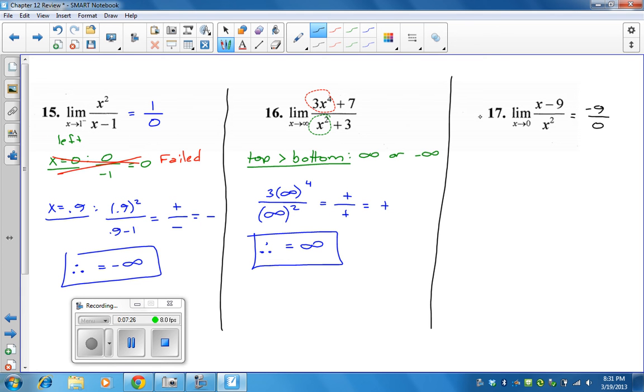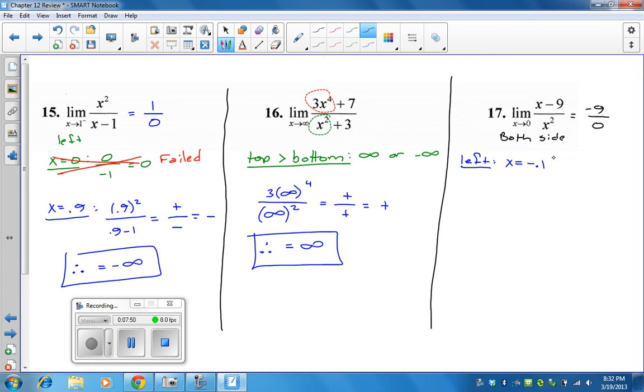The difference is here I didn't specify one side or the other. I simply said 0. This means we have to look at both sides and see if both sides agree with each other. So let's start by looking at the left. A number just to the left of 0 would be something like negative 0.1.